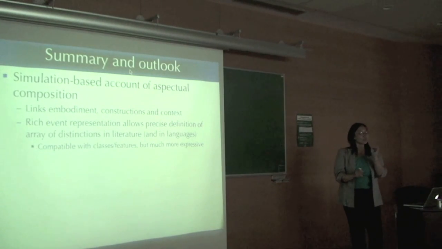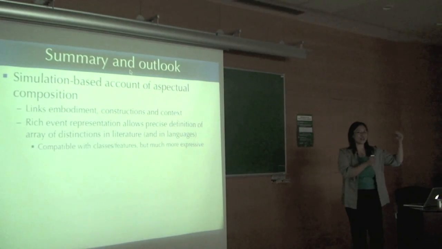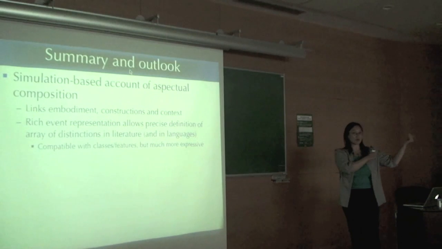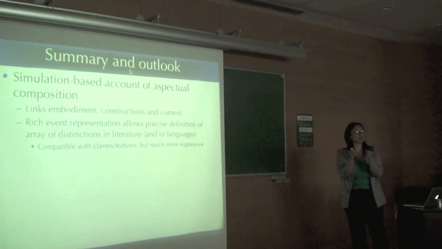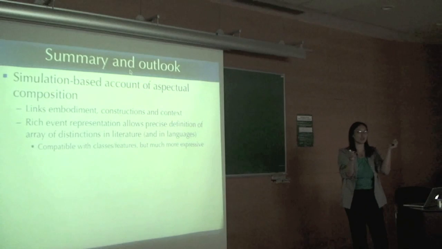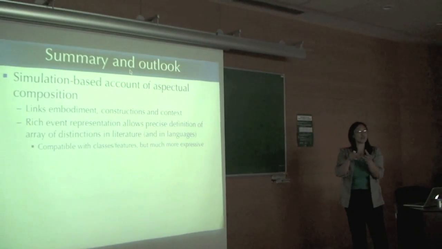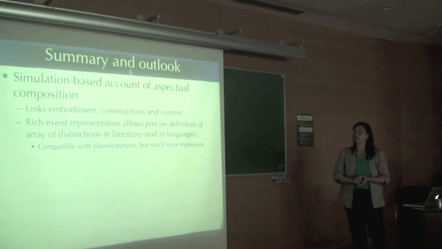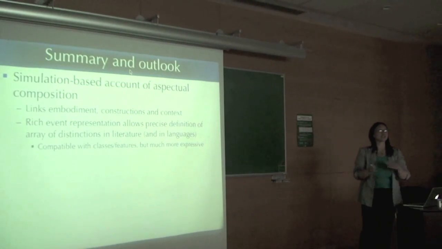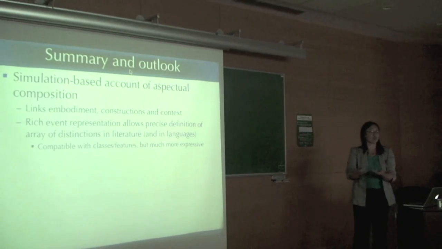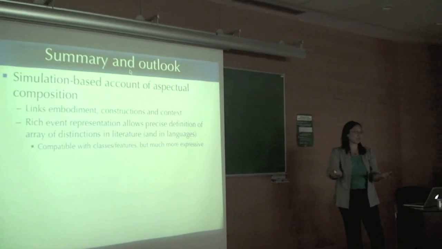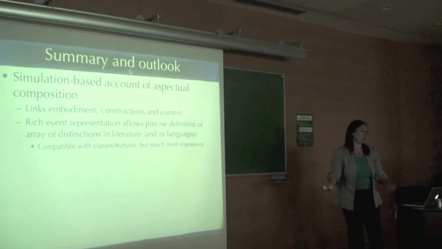Even if you were just focusing on what distinctions you care about, you could translate all the theories that you like from traditional aspectual studies and say, oh, now I can actually say exactly what I mean. When I say I care about boundedness, or imperfective, or whatever, there should be an underlying representation that can make that explicit, and this allows you to do that, I think. So it's not incompatible with these other analyses, it just makes it richer, and lets you deal with a larger scope of phenomena.